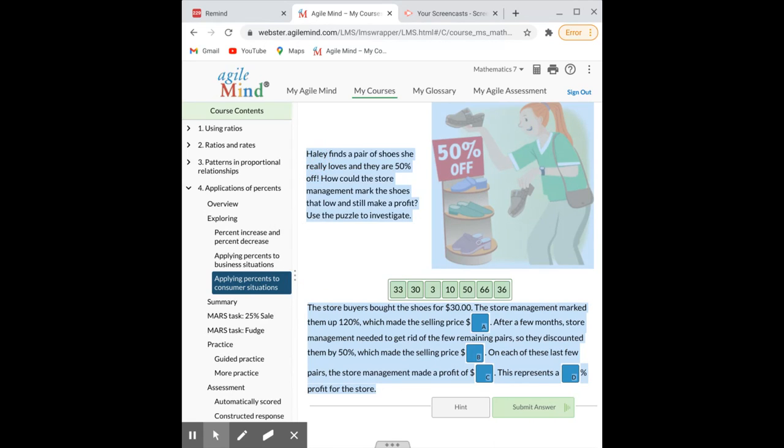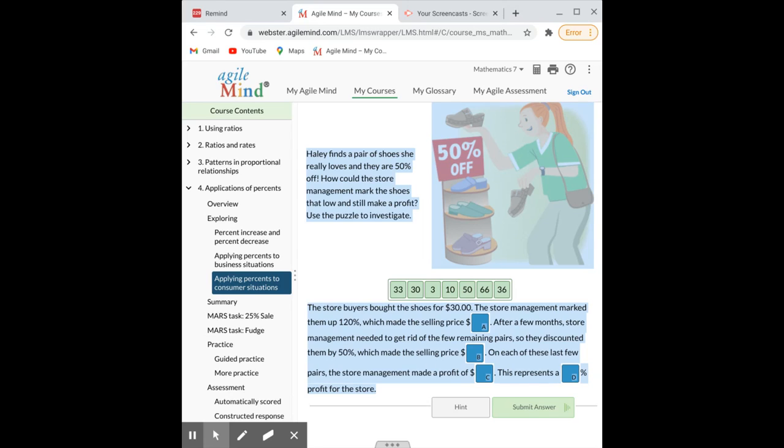Haley finds a pair of shoes she really loves, and they are 50% off. How could the store manager mark the shoes that low and still make a profit? Use the puzzle to investigate. The store buyers bought the shoes for $30.